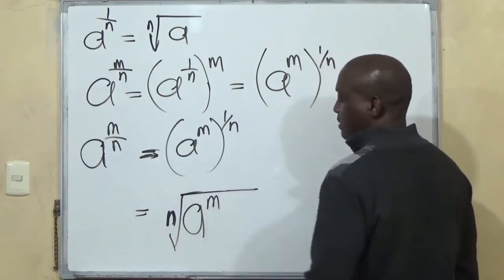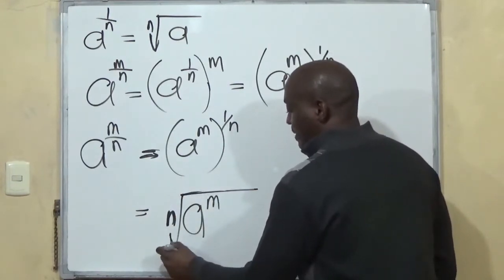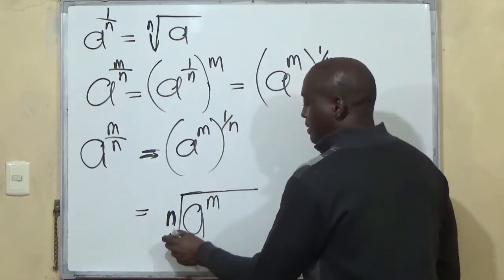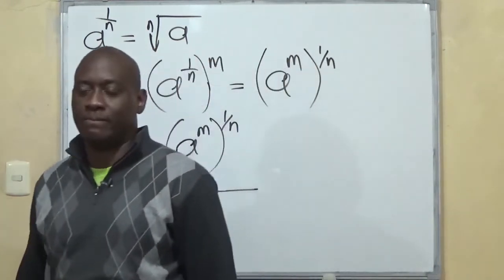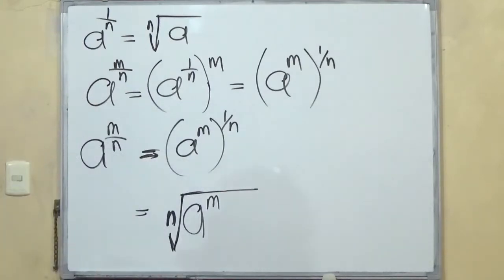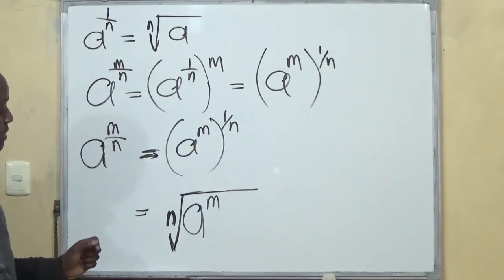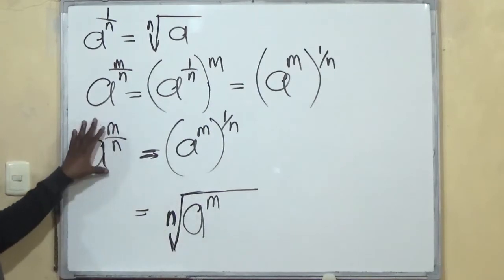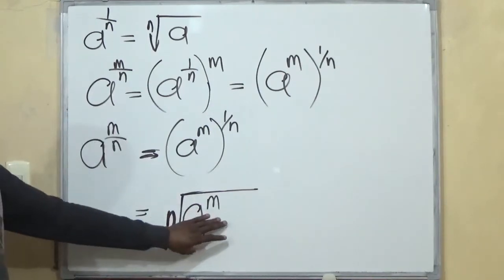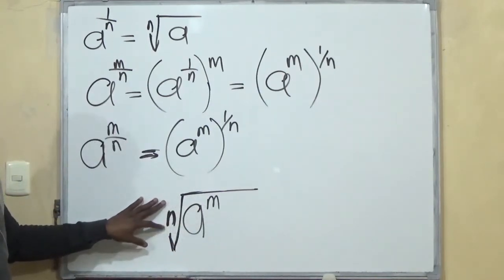Of course, they probably wouldn't spend as much time explaining it and illustrating it as we did here in this video. So, coming on the heels of everything we just discussed, you could understand now why a to the m over n is the nth root of a to the m.